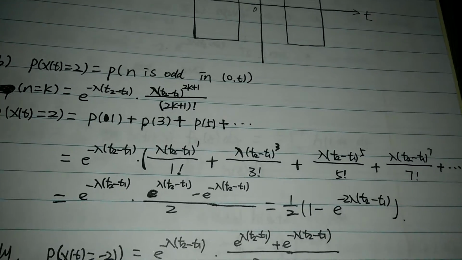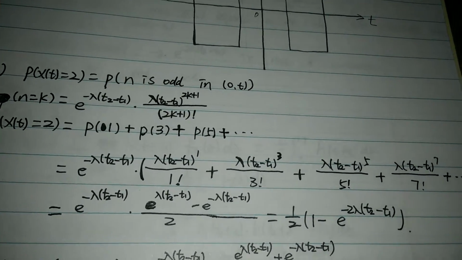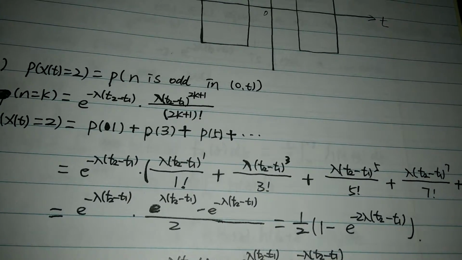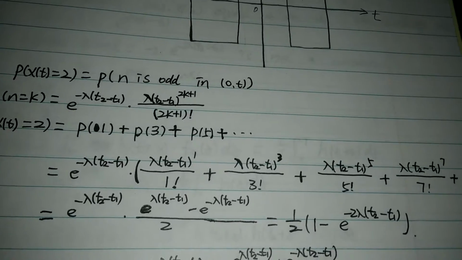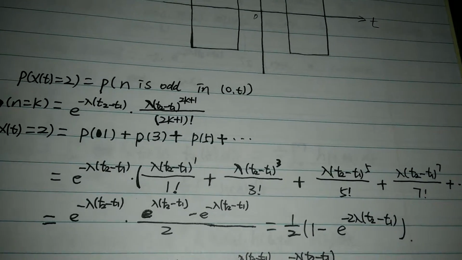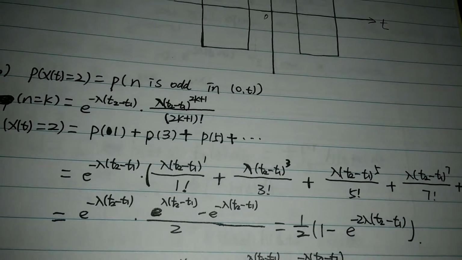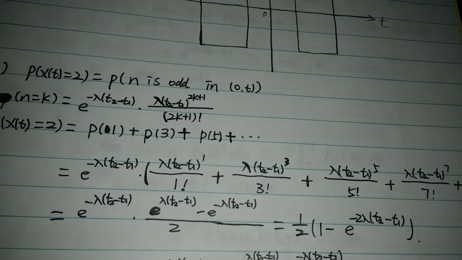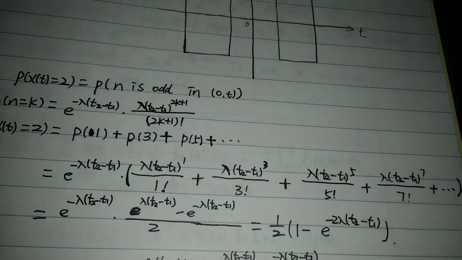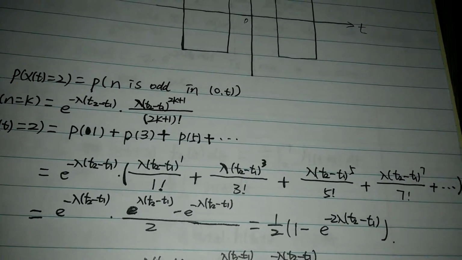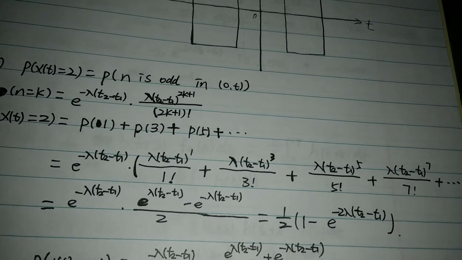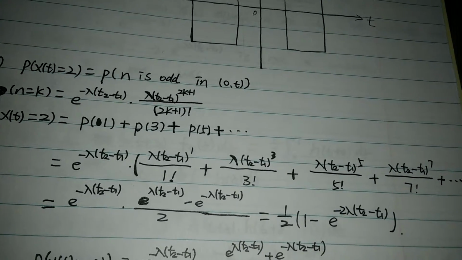Through the calculation, we can get it equals e to power minus lambda times (t2 minus t1) times (e to power lambda times (t2 minus t1) minus e to power minus lambda times (t2 minus t1)) over 2. We can simplify it, so we can get it equals half of (1 minus e to power minus 2 lambda times (t2 minus t1)).